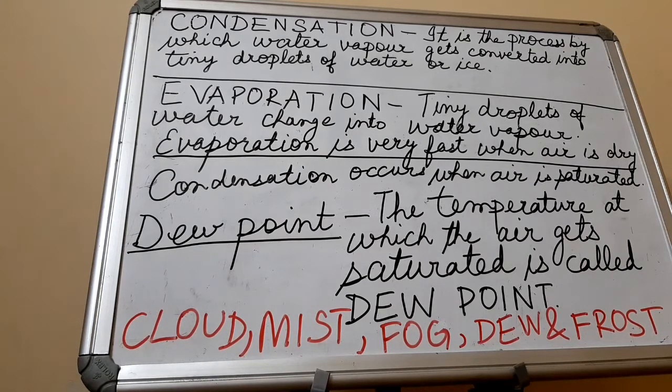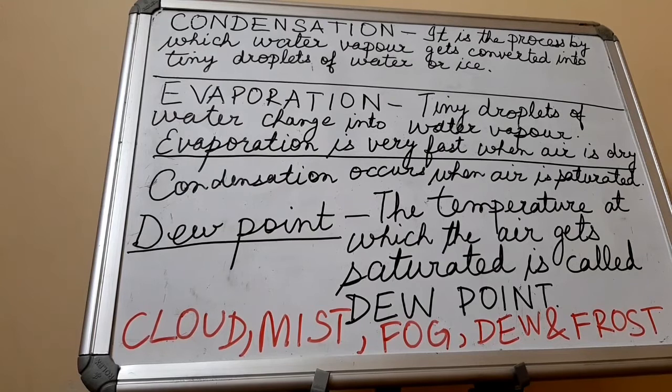The difference between the two is that fog is denser than mist, and also it reduces the visibility. So visibility is poorer in fog compared to mist. In case of mist, one can see up to 2 kilometers, but in case of fog, one cannot see beyond 1 kilometer.